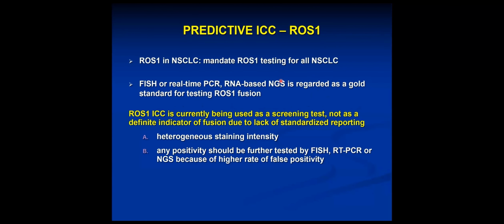While ROS1 ICC presently serves solely as a screening test for non-small cell lung cancer, because it doesn't have a standard reporting for ROS1, and also its staining is heterogeneous. So the reliable assay for ROS1 fusion is still PCR or RNA-based NGS testing.